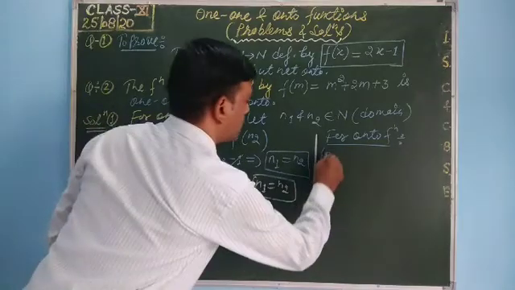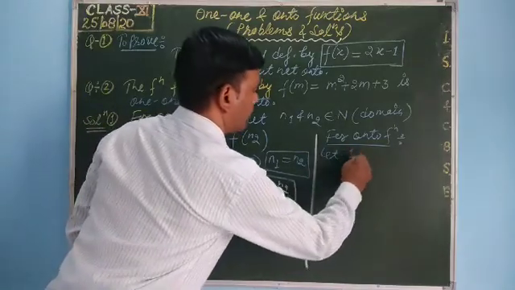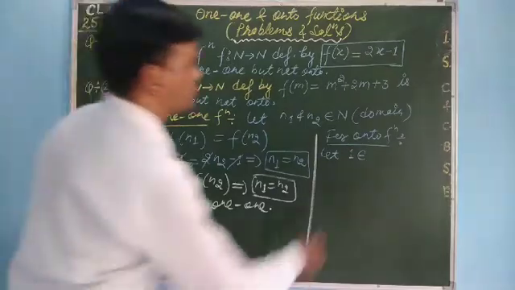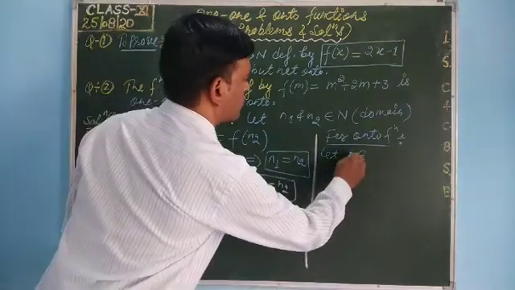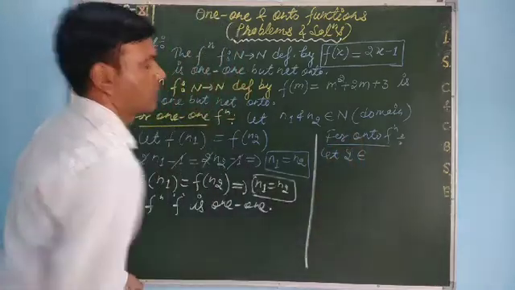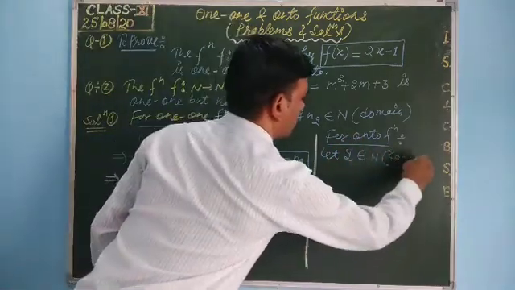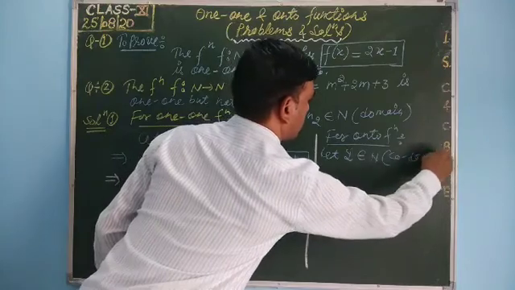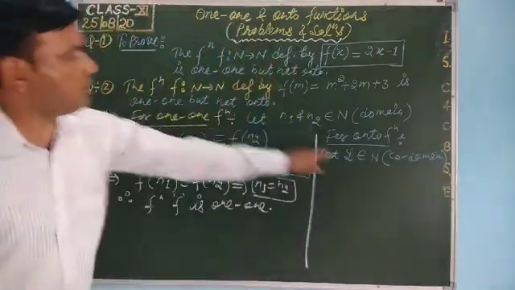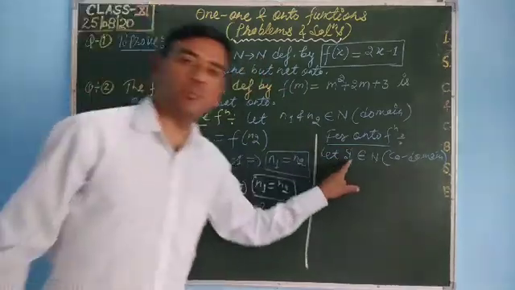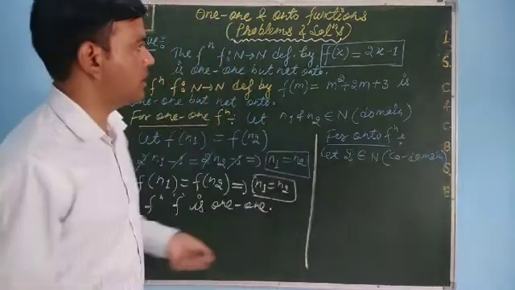Let me take 2 belongs to N, that is codomain. We have to check whether it has a pre-image in domain or not.